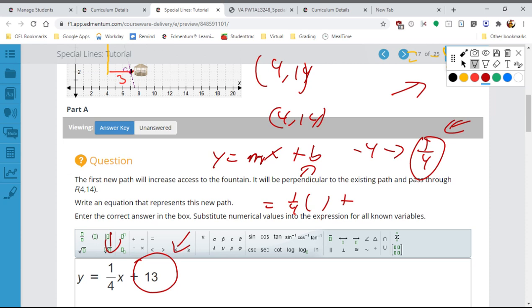Where do I get this? I want to include the fountain, which is at 4, comma 14. What am I plugging in for y? Anybody? Come on, guys. I have a point here. What am I plugging in for y?